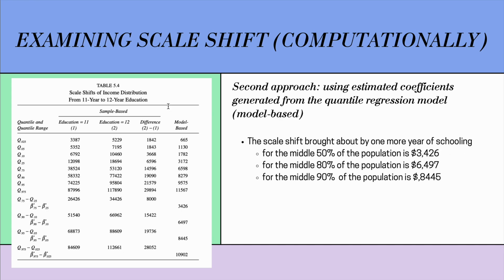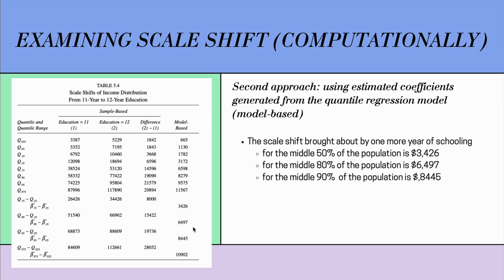Now, using the second approach, or the model-based approach here, we look at the differences in the beta hat coefficients below. So, the scale shift brought about by one more year of schooling in the middle 50% of the population is 3,426. Ito yung beta hat 0.75 minus beta hat 0.25.